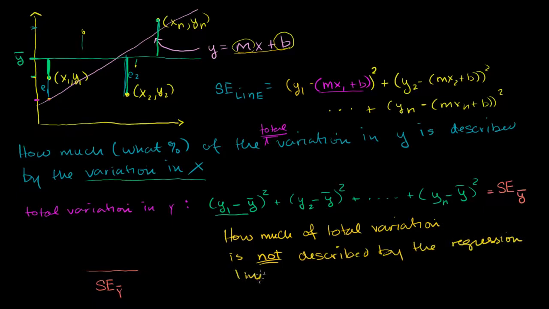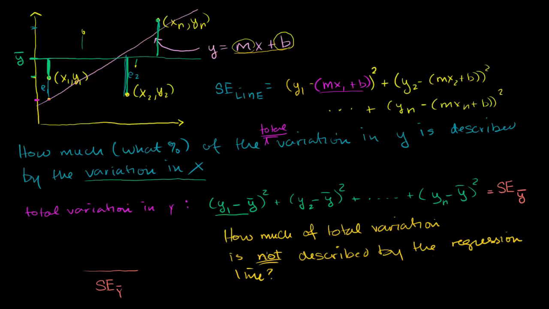How much of the total data is not? Well, we already have a measure for that. We have the squared error of the line. This tells us the square of the distances from each point to our line. So it is exactly this measure. It tells us how much of the total variation is not described by the regression line.